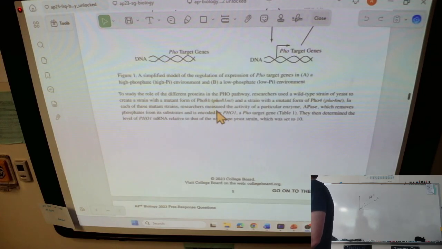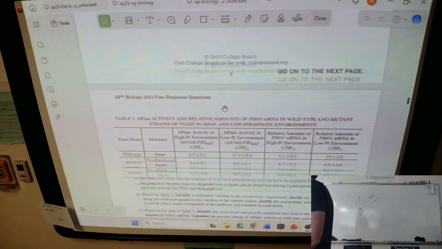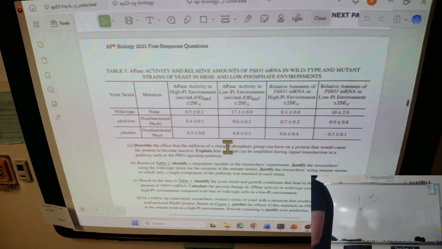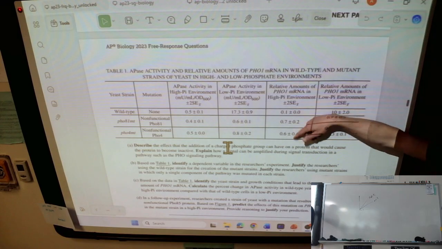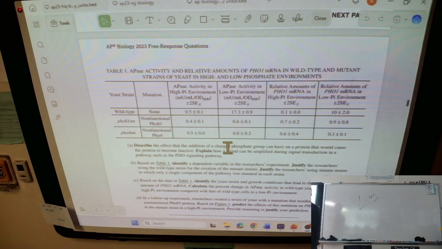Faux 1. In that data table, data tables are never intimidating, but if they were, it'd be that one. The title of this is just relative amounts of faux 1 mRNA in high PI environment plus or minus 2 standard errors of the mean. Like, come on. So it looks bad.